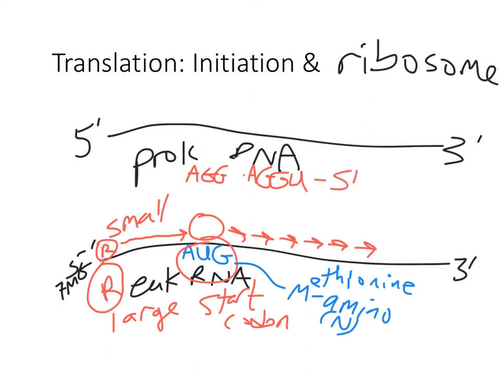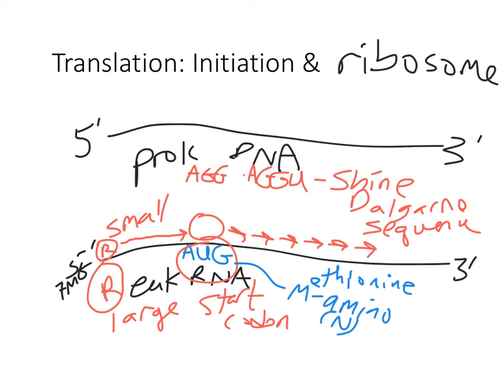Which, you may have heard this at some point in the past, is the Shine-Dalgarno sequence. I'm assuming that that's the people or person that found it. Shine-Dalgarno sequence. So bacteria have this particular sequence. It's a consensus sequence.